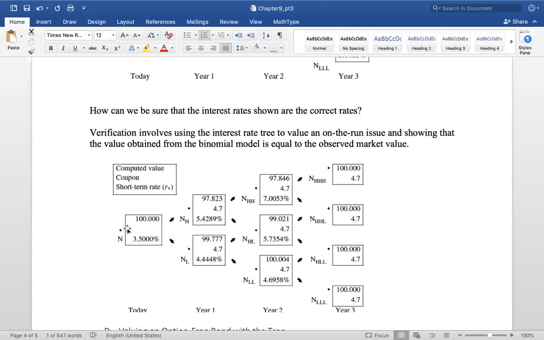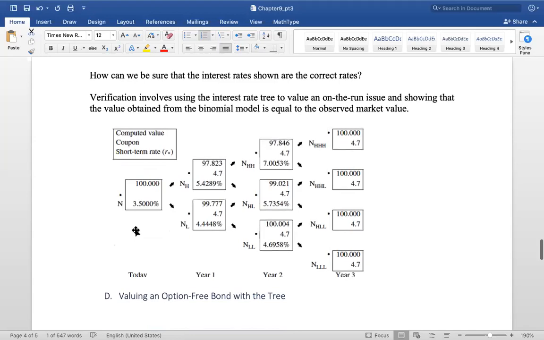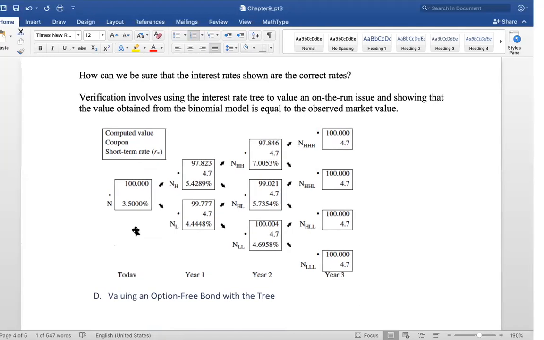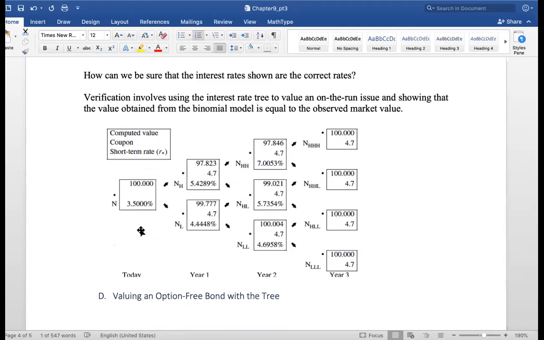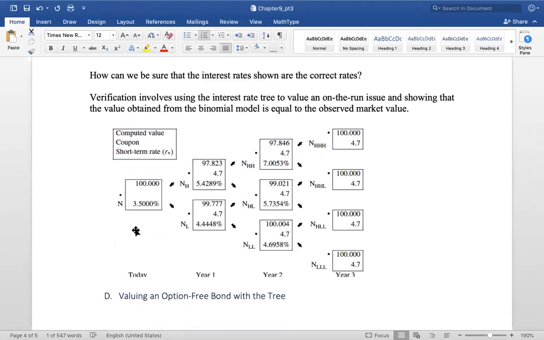We can see that the value or the market price of this particular 3-year bond is 100. So as we already said, if the value calculated is equal to the market price, then we say that we got the correct interest rate.